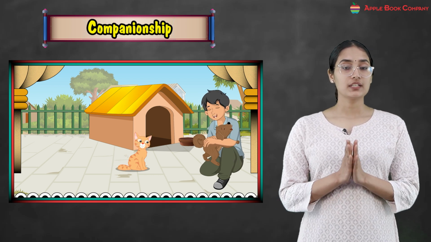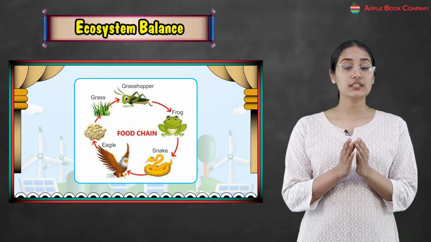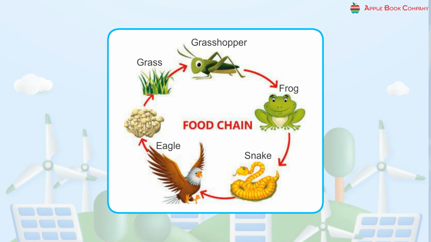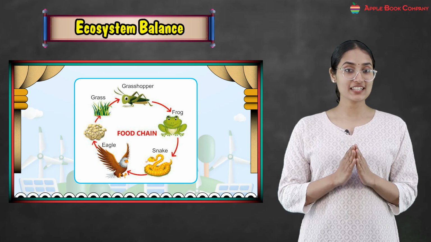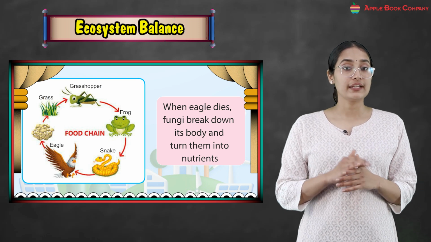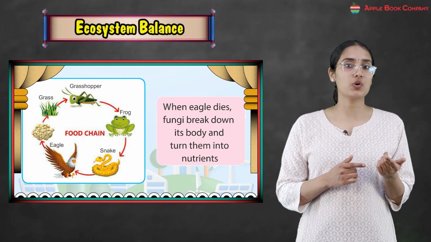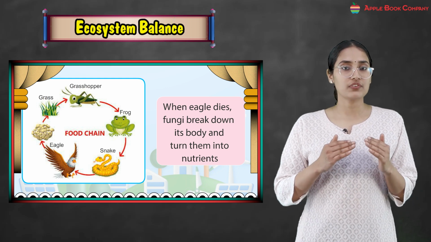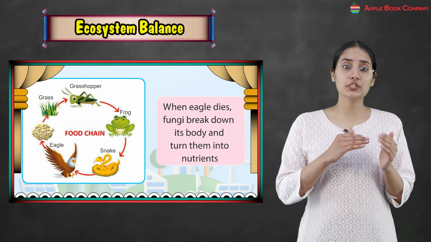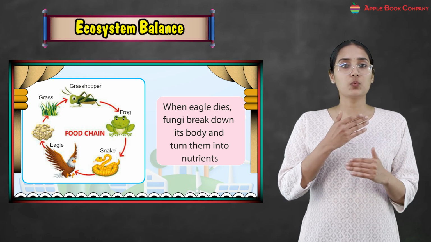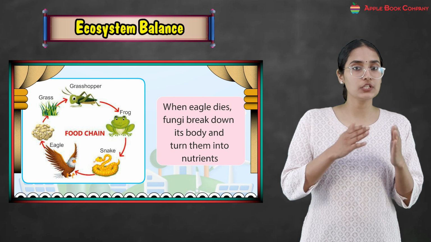Animals also provide the balance to our ecosystem. Animals help maintain the balance of nature by being part of a food chain. So let's understand this food chain. How does this food chain work? When an eagle dies, the fungi breaks down its body and turns it into nutrients, right?